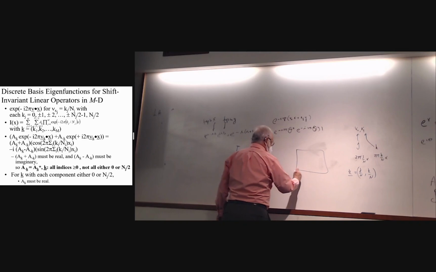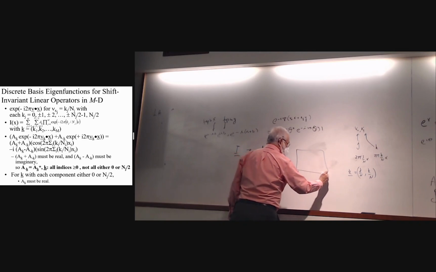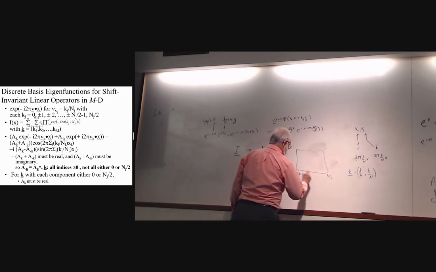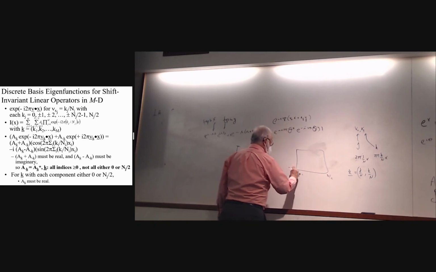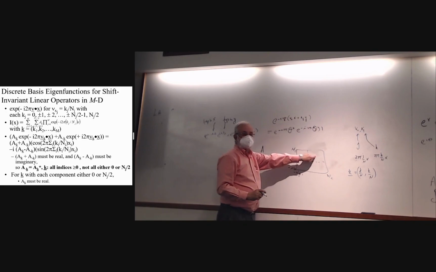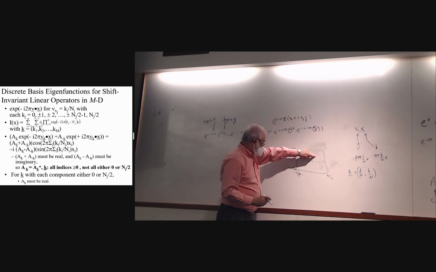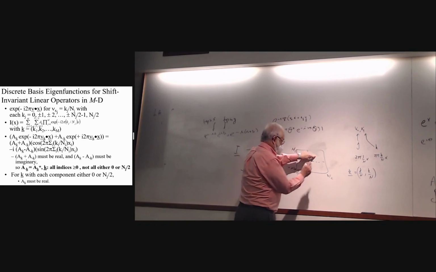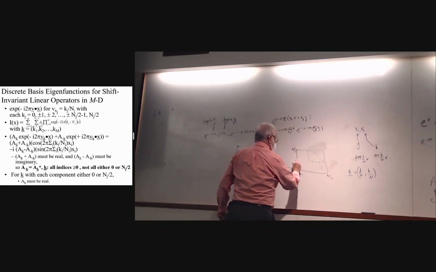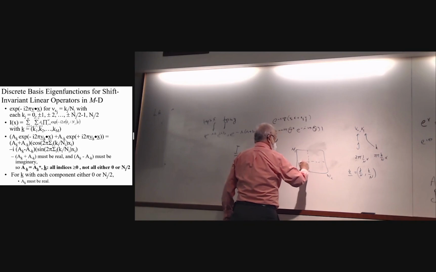if I let my frequencies in x go from minus n over 2 plus 1 to n over 2 here, and from minus n over 2 plus 1 to n over 2 here, this guy that has positive j, positive of the x one, is also going to be the complex conjugate of this one.